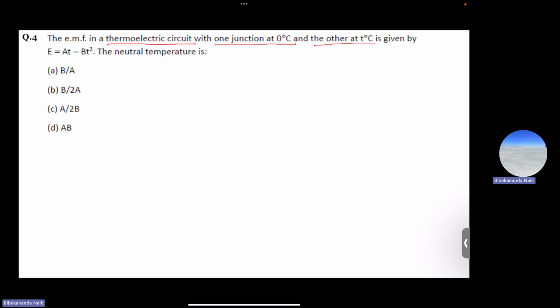The EMF produced is given by E equals AT minus BT square. So what will be the neutral temperature? The options are A, B by A, B, B by 2A, C, A by 2B, or D, AB. I'll give you a few minutes to try this question, and then we will discuss the correct option.